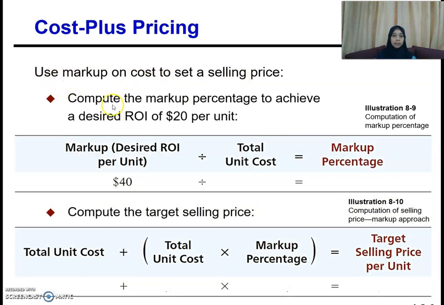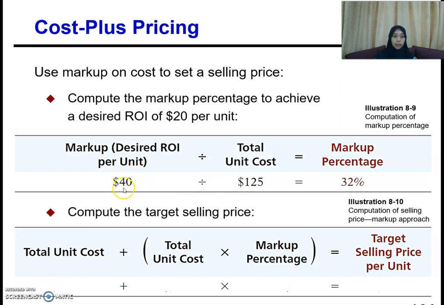Okay, this one, if let's say the question asks you to compute the markup percentage, use markup on cost to set a selling price, compute the markup percentage to achieve a desired ROI of 20 ringgit per unit. So your markup just now is 40 divided by your cost per unit, that is 125. So your markup is 40 divided by 125, so that gives you 32%. Remember the one that I've shown you before, if you want to calculate markup as percentage on cost.